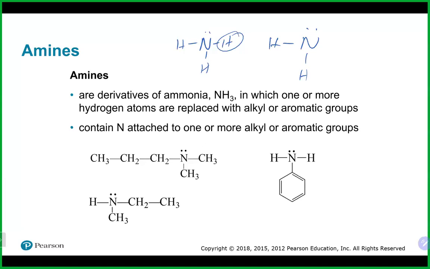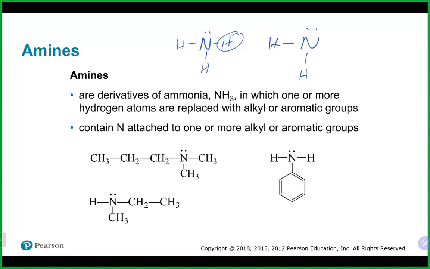Pretty much every time you put on a carbon group, you lose a hydrogen. So here, this nitrogen has 3 carbon groups attached, with no hydrogens. This guy has 2 carbon groups with 1 hydrogen, and this guy has 1 carbon group with 2 hydrogens.